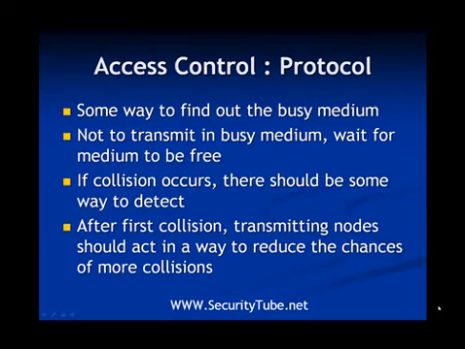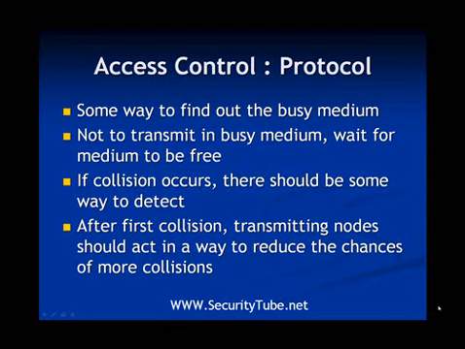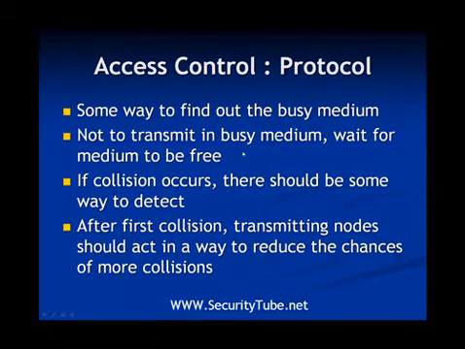As discussed earlier, we now need some access control rules or an access control protocol to avoid collisions. So what should be the ideal access control protocol, or what is the expectation from it? There should be some way to find out whether the medium is busy. Any node should not transmit in a busy medium and should wait for the medium to be free.